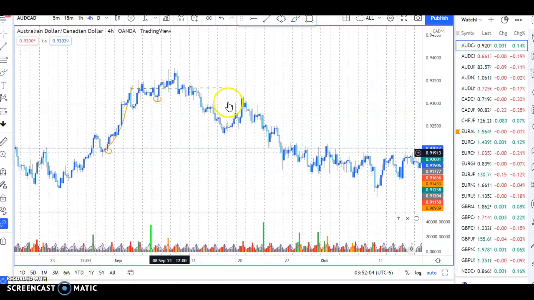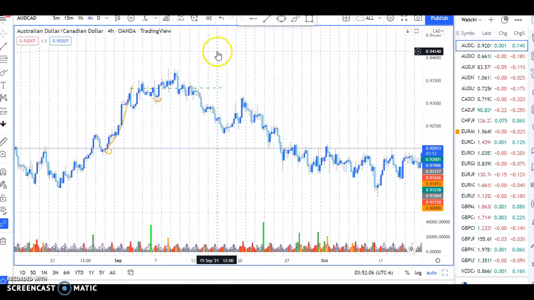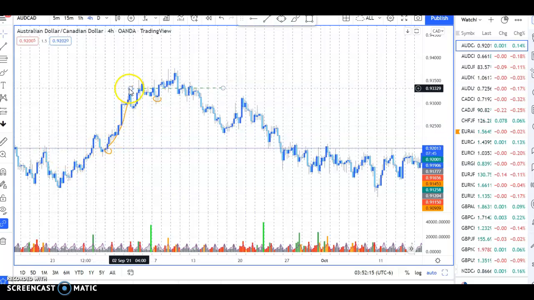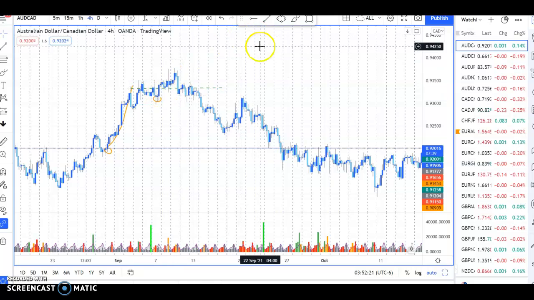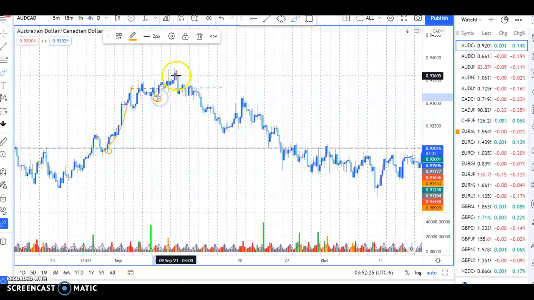Alright, let's try this one out. This is Aussie dollar on the 4 hour, or Aussie CAD. Looking at it from this point where this guy pushed up, came to here, held, and then pushed up and broke higher. So this is my last guy who started right here. He pulled back.